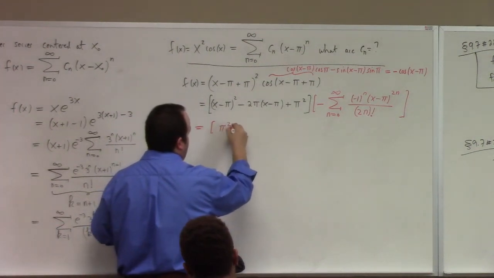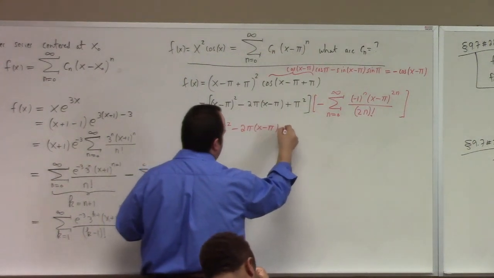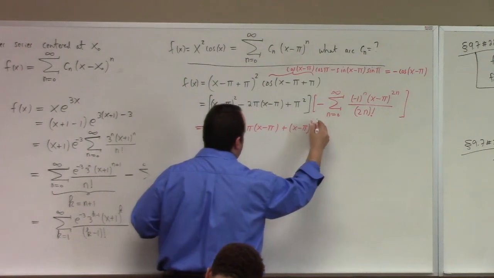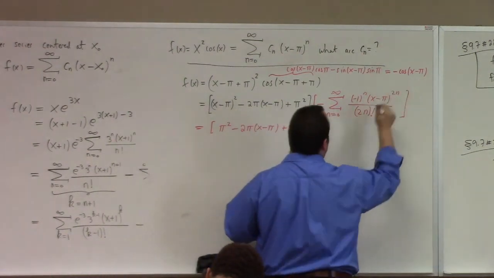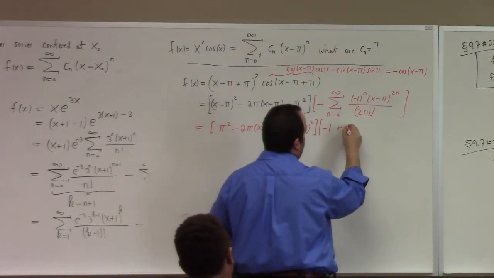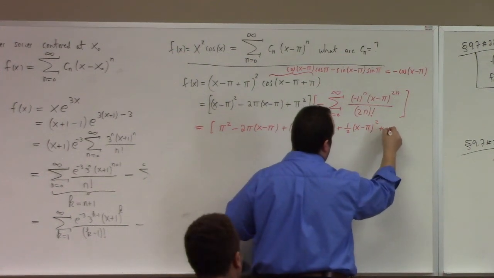So we got pi squared minus 2 pi x minus pi plus x minus pi squared, right? And then I'm going to multiply by this thing right here. The first two terms in that are just minus 1 plus 1/2 x minus pi squared.